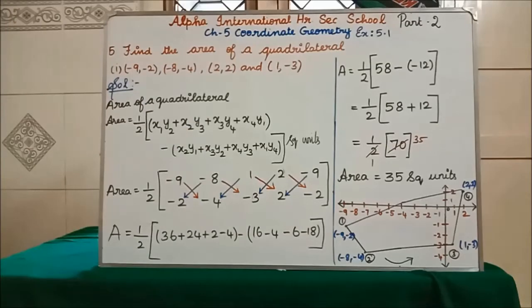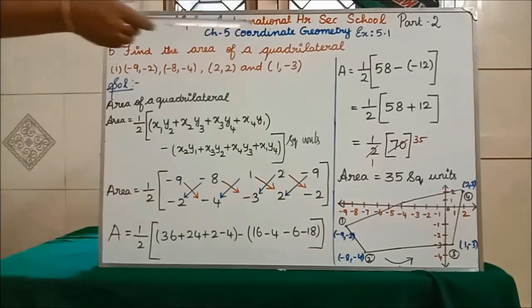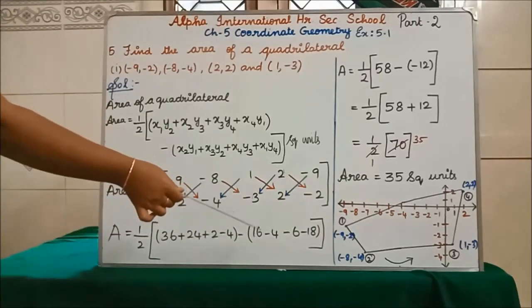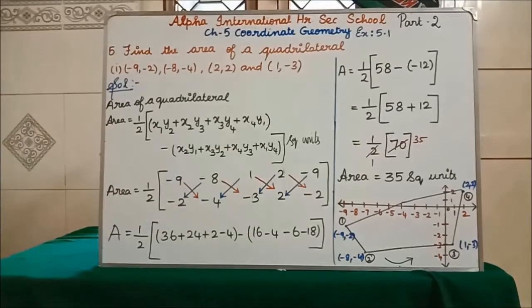Clear, all of you? Next step, if you see here, 36 plus 24. If you add, what will we get? 36 plus 24 is what? 60. 60 plus 2 is what? 62. 62 minus 4 is what? 58. That only I have written there. Similarly, you see here, 16 minus 4 minus 6 minus 18. If you calculate, what will we get?